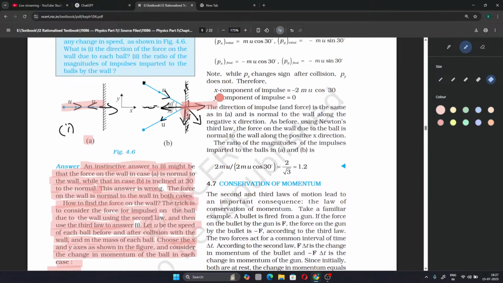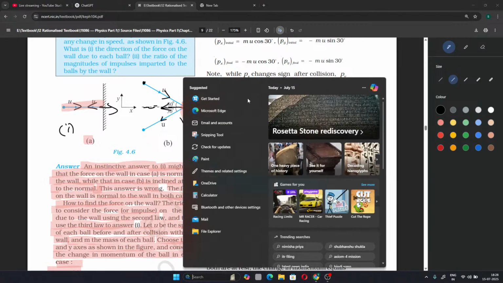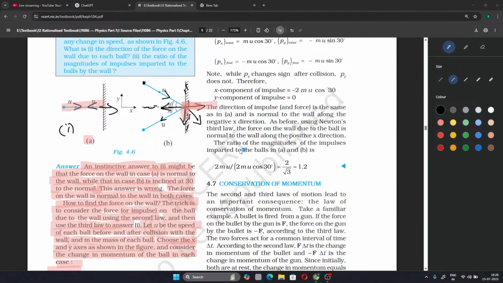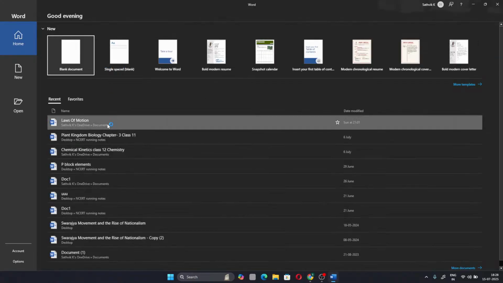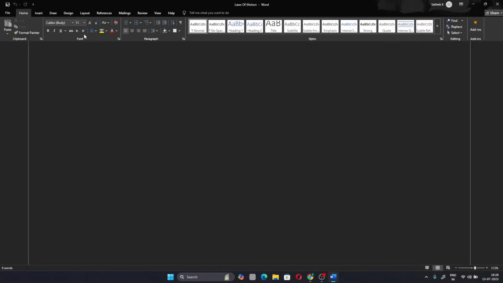What that statement means here is, let's open. When we take a wall here, and a ball which is going normally like this, in the normal direction, and comes back like this, where the initial speed will remain the same, this is the case they are talking about.